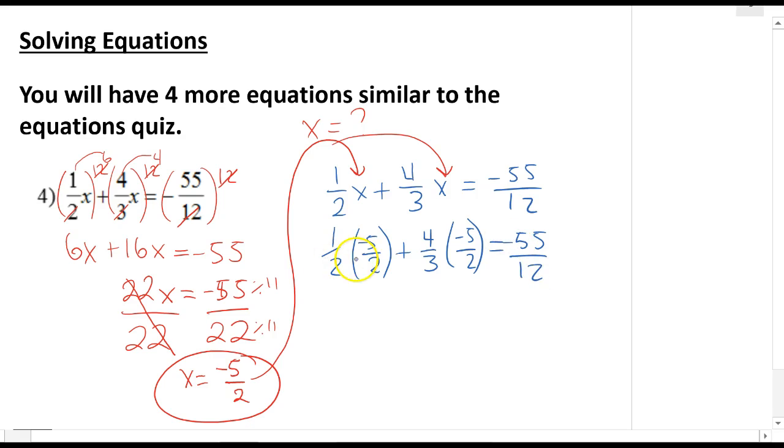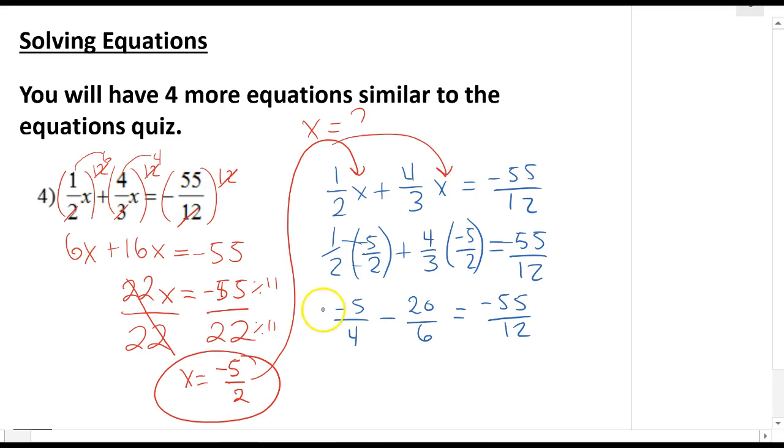Okay, so let's go ahead and simplify, multiply across. It's actually going to be negative, because I have a positive times a negative, so it'll be subtraction there, or minus. Let's see, 20 over 6 equals negative 55 over 12. Now I need a common denominator between these two.